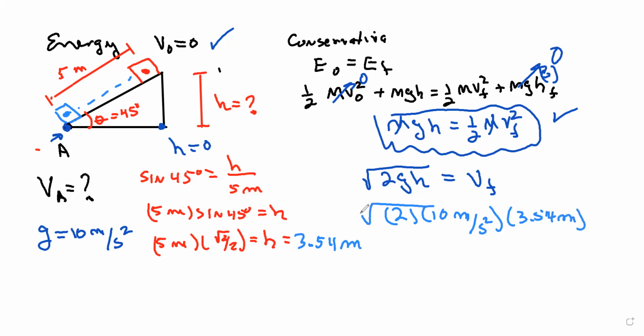And we got to get the square root of all that, and that's going to give us our final velocity. Okay, so we do all that math, and your velocity is going to be 8.41 meters per second, and that's going to be your final velocity.